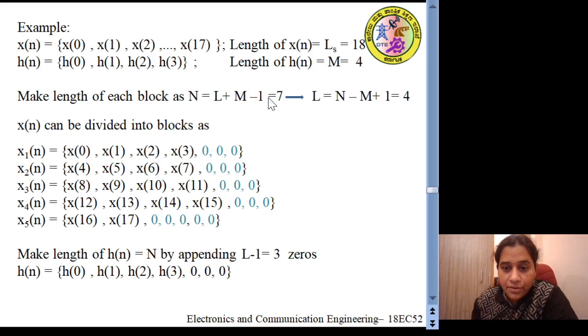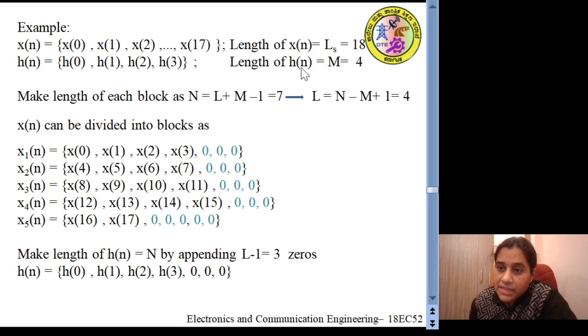We have to make the length of the given impulse response equal to the length of the blocks. So what's the length of the impulse response? It is m. But we have to make the length of h of n also equal to N, such that these N-sample blocks can be directly convolved with the N samples of h of n to obtain yi of n.